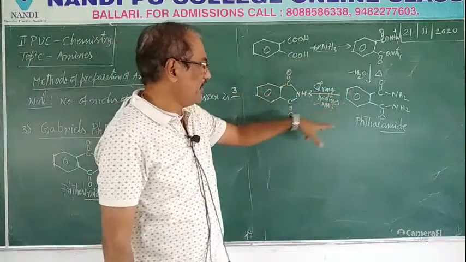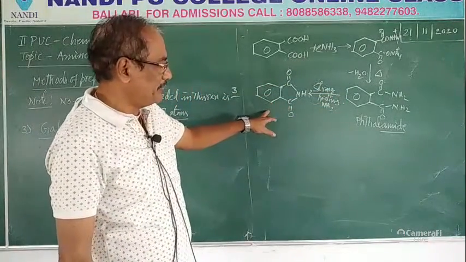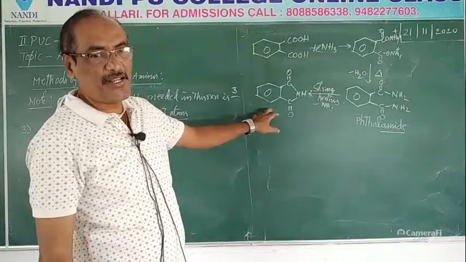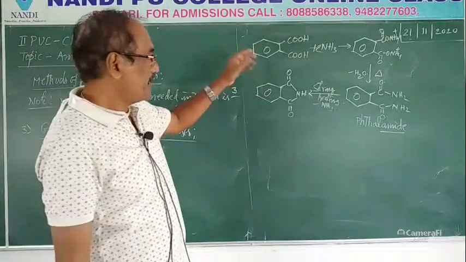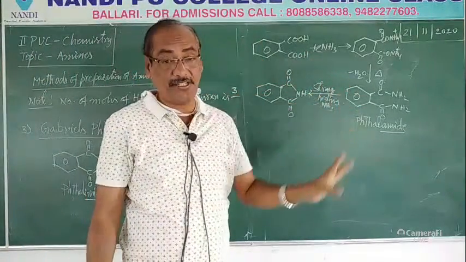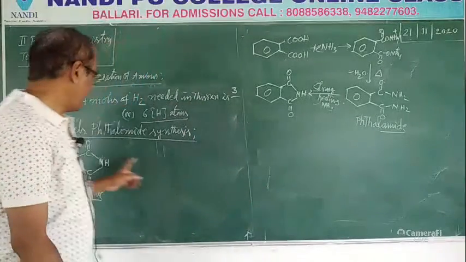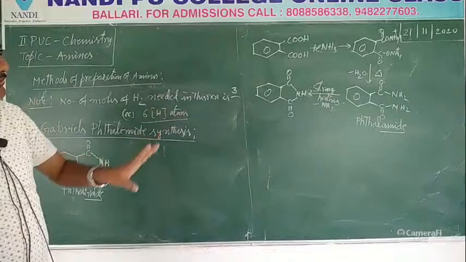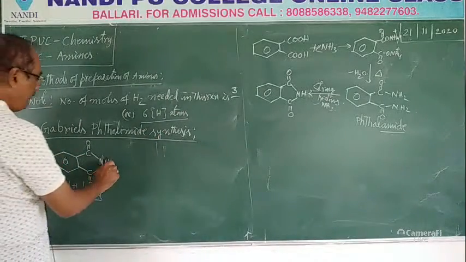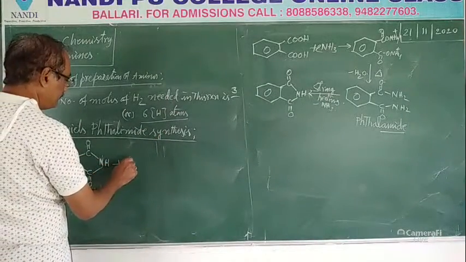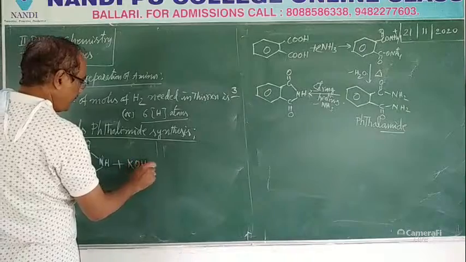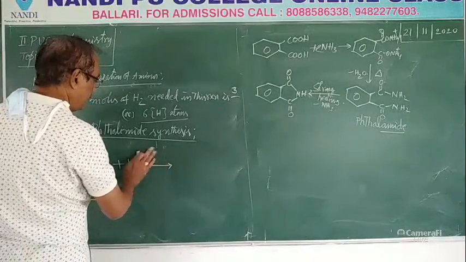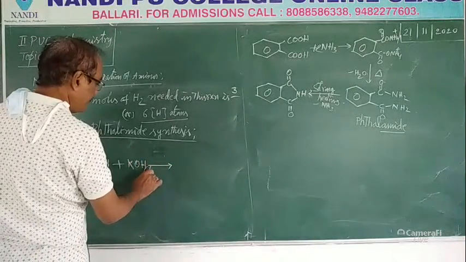So this also you need to remember, because sometimes they will ask a question on the starting material. This is for objective. For descriptive you start here. Now I have derived phthalimide. Then phthalimide is treated with alcoholic KOH.